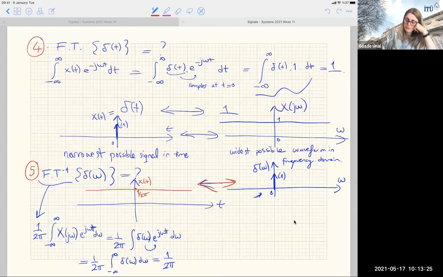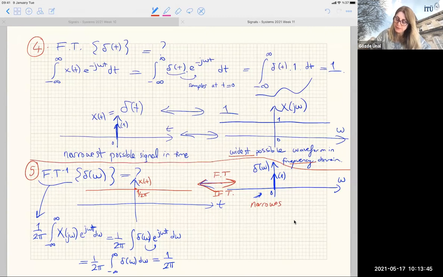So forward is Fourier, or backward is inverse Fourier transform. Again, you can see that here it was widest in frequency. Now here it's narrowest in frequency. So let's not confuse these two examples. Now narrowest in frequency is widest in time.